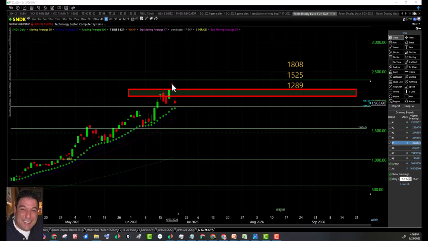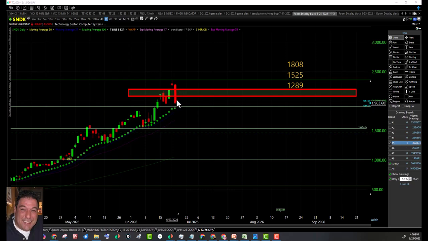Okay, so we closed here. That's the real effect of that candle. Now I'm going to look over here to the left, all the way back to 500. That's the biggest red candle you've ever seen, isn't it?